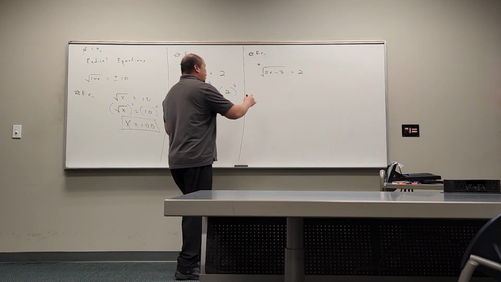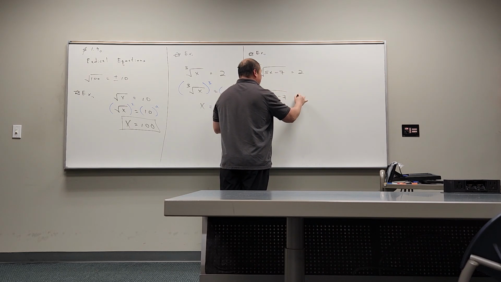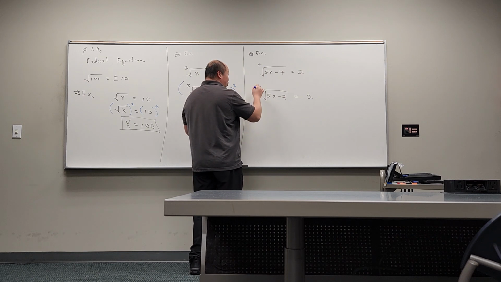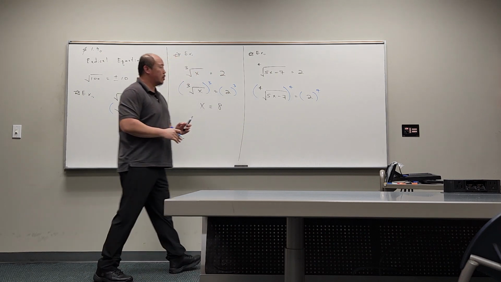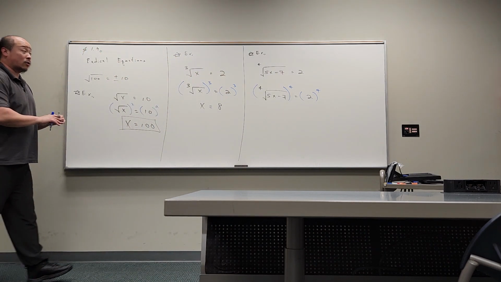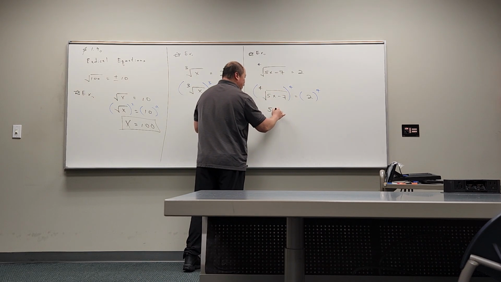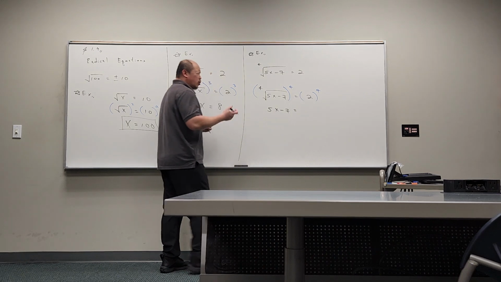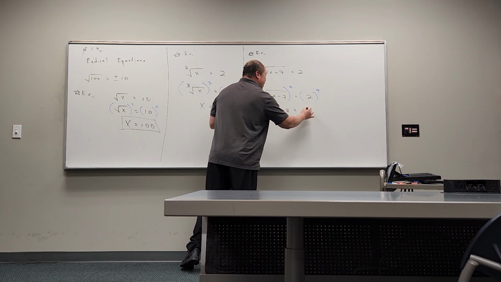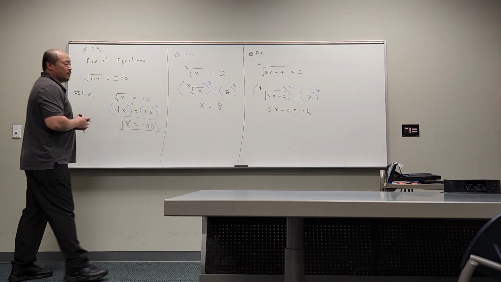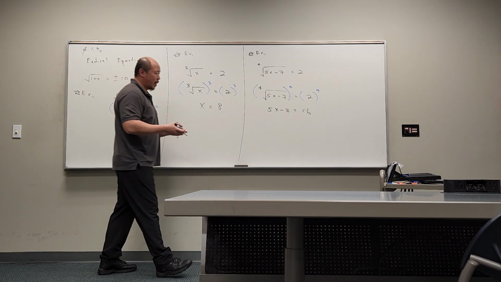So let me rewrite this: the fourth root of 5x minus 7 equals 2. I will apply the fourth power on the left-hand side and the right-hand side. You always do the same power. On the left-hand side, the radical and the power go away, so that's 5x minus 7. 2 to the 4th power is 2 times 2 times 2 times 2, that's 16. So no trick. Fourth power on both sides and just work it out.